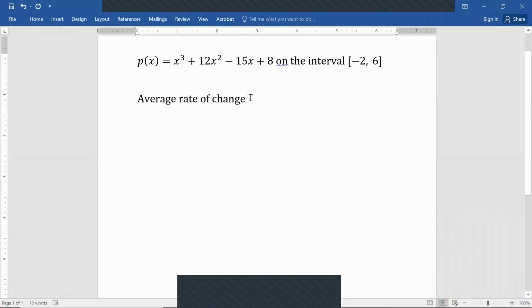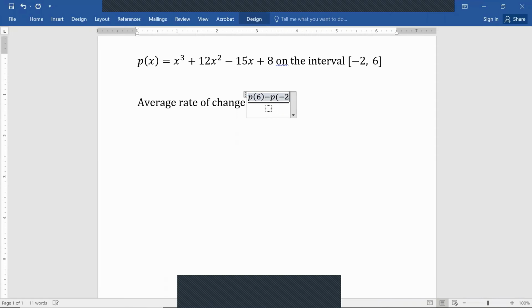We have our function p of x. We want to find the average rate of change first. So we plug in p of 6 minus p of -2 and divide that by 6 minus -2.